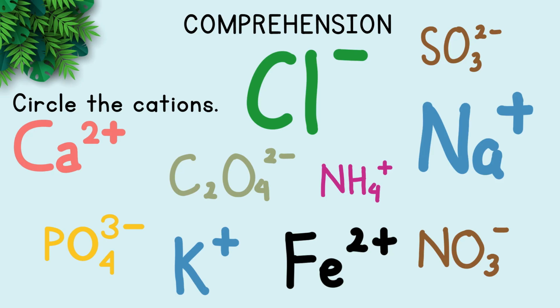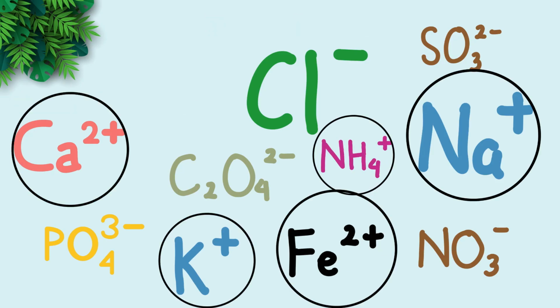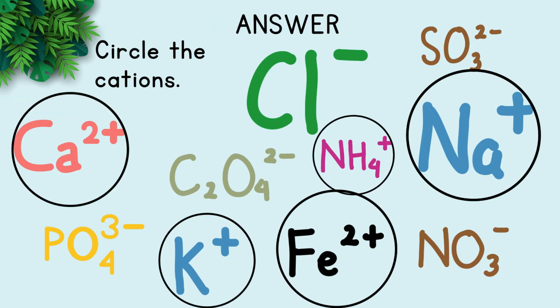Comprehension. Circle the cations. Correct. If you have the calcium, potassium, iron, ammonium, and sodium ions circled, then you are correct. To answer this question, all you had to do was to look for the positive signs.